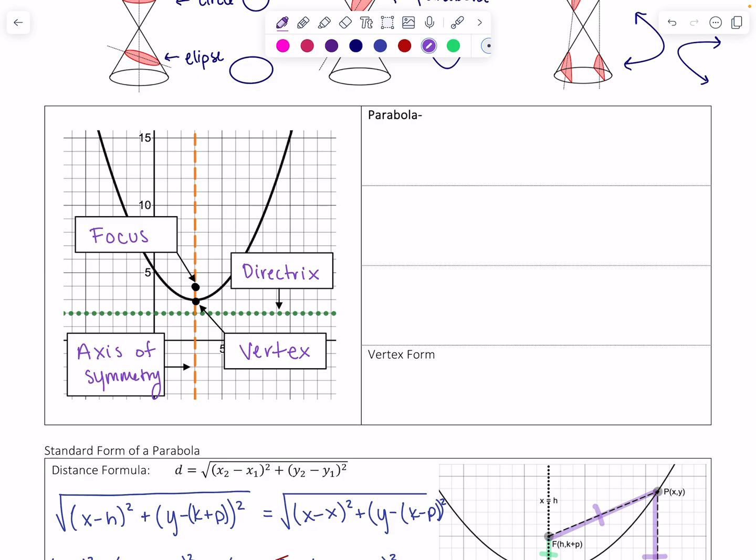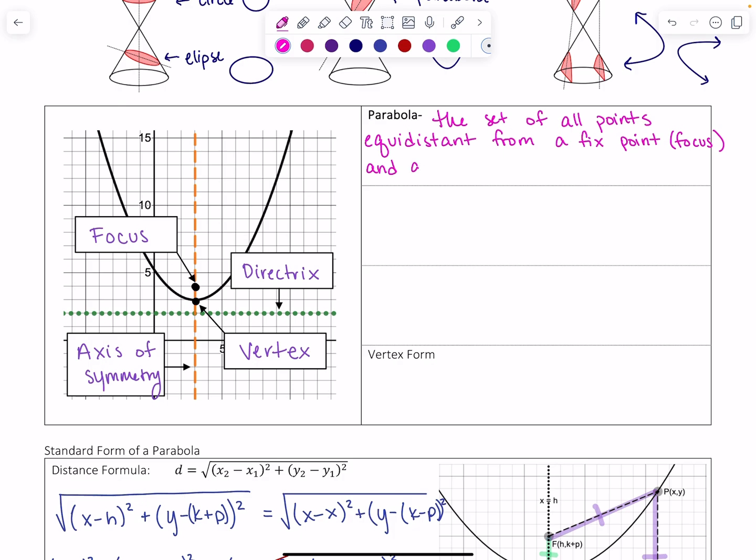The actual definition of a parabola is the set of all points equidistant from a fixed point, and we're going to call that fixed point the focus. That's our new term today.